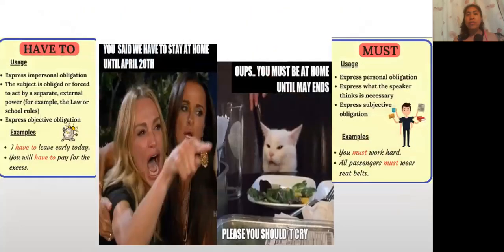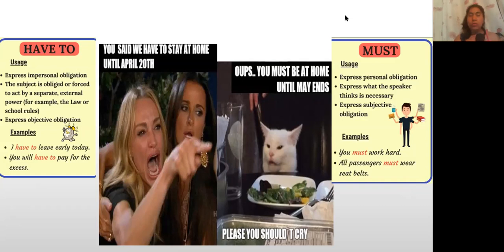Now, we're going to move to the difference between have to and must. Why? Because as we have learned until now, have to is an obligation, must is an obligation. But what's the difference? Take it easy. Have to, the obligation is from another person. It's outside. Maybe a law, maybe a rule. It's not your decision.